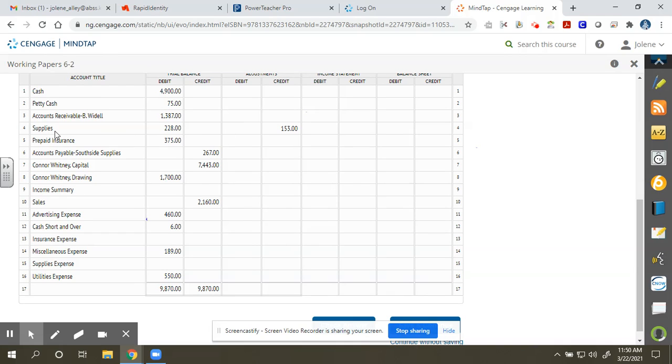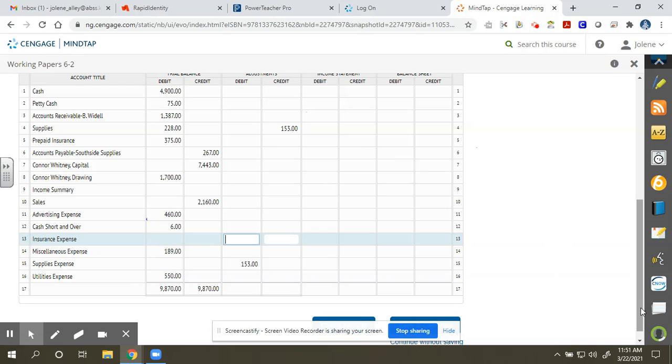This account of supplies just tells you what do we have in stock. You go down here to supplies expense. Expenses, remember your DC Adler? Expenses increase on the debit side. So we go here and we plug in the 153 to show that we've used up $153 worth of supplies. And then this up here shows that also that we used it up. So the debits equal the credits.